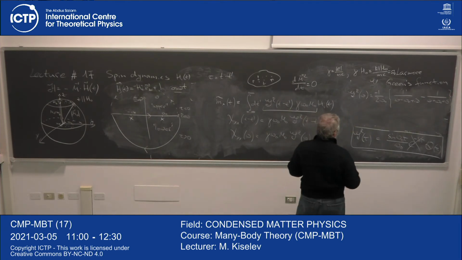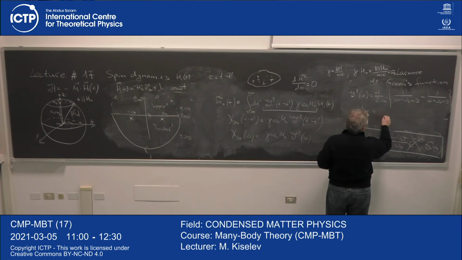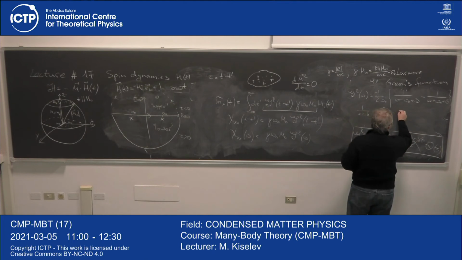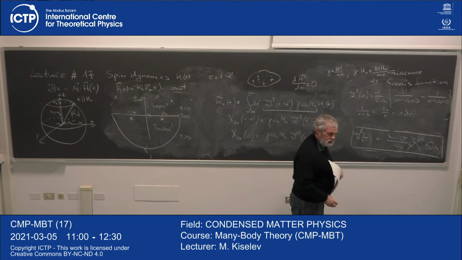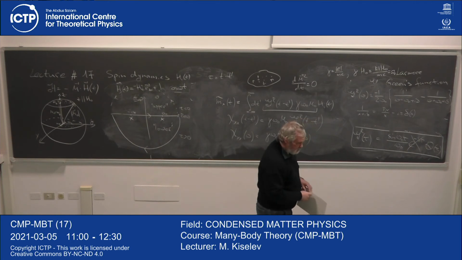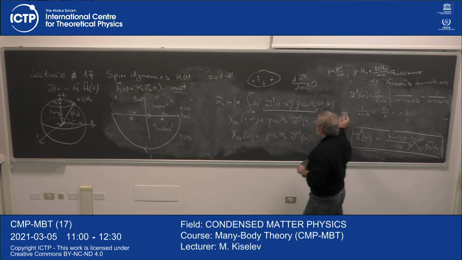If you have the expression 1 over (x plus i delta), then you have the principal value of 1 over x minus i pi times the delta function of x. So, therefore, this gives the real and imaginary parts of this Green function.